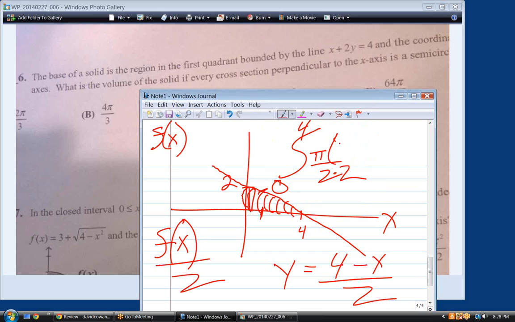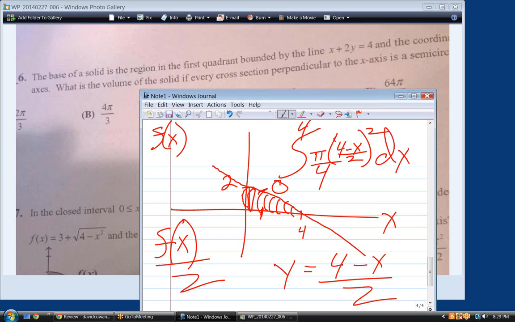So we have 4 minus x divided by 2. Excuse me, that is f of x, we still have to divide it by 2. So let's make this 4. There we go. That's what we're looking to do, right there.